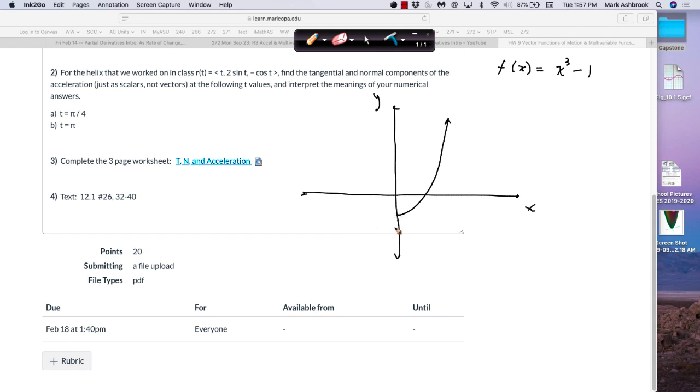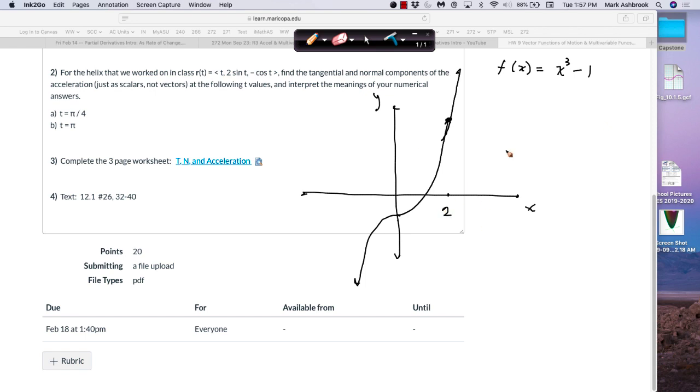One more try. That's better. Okay, something like that. And let's come out here at 2. I want to get the T and the N vector at 2, say.